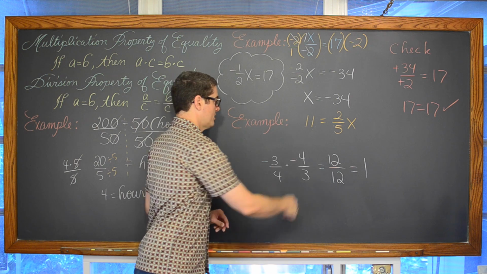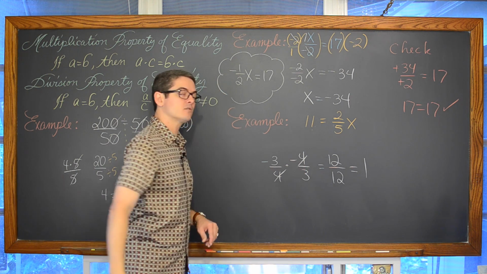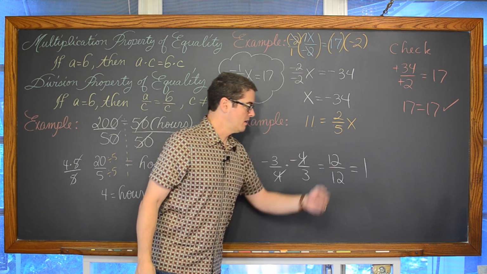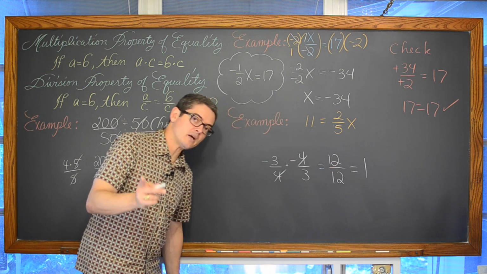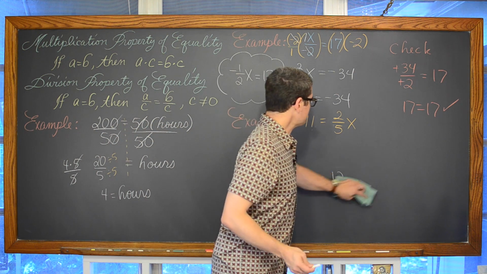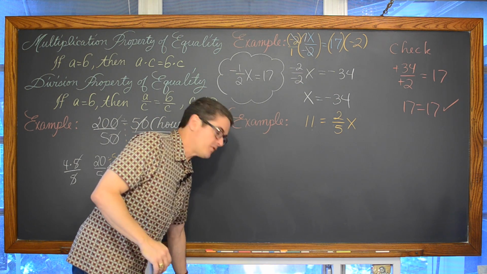Or the factor of 4 in the numerator is going to cancel with the factor of 4 in that denominator, and likewise the 3's are going to cancel out, and you get 1 as well. When you multiply reciprocals, you always get an answer of 1. And that means you're just simply flipping the fraction, not changing the sign, just flipping the fraction.